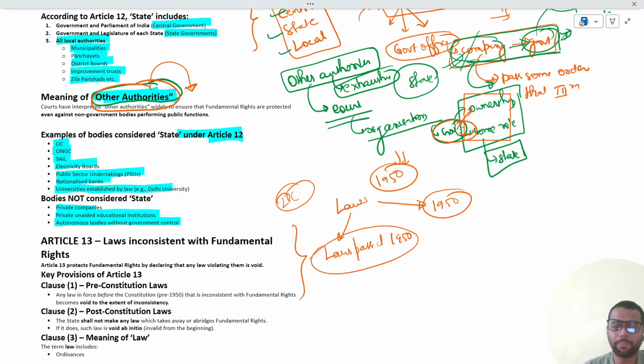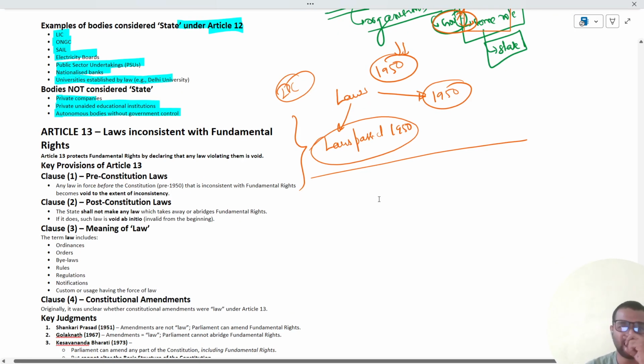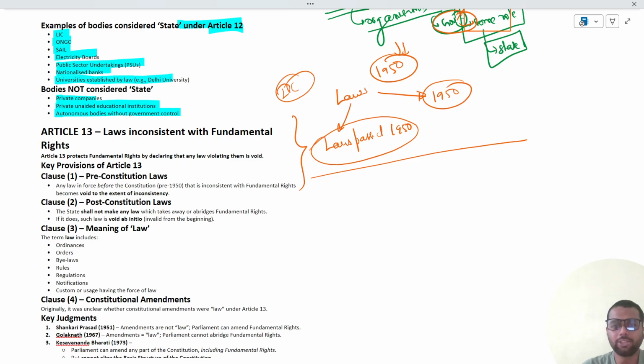So, for the laws passed, let us just take a simple example to understand Article 13, Clause 1, in which let us say there is a law regarding the allocation of land, for example, and this law is not just, it is totally against the guidelines of the Indian Constitution, specifically what has been mentioned under Part Third of the Indian Constitution, that is, it is violative of the fundamental rights.